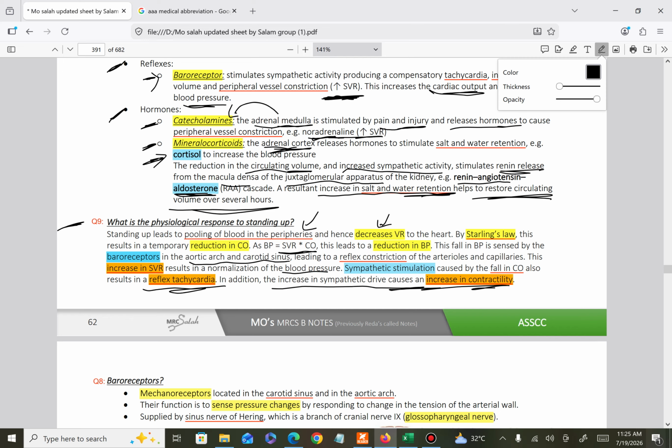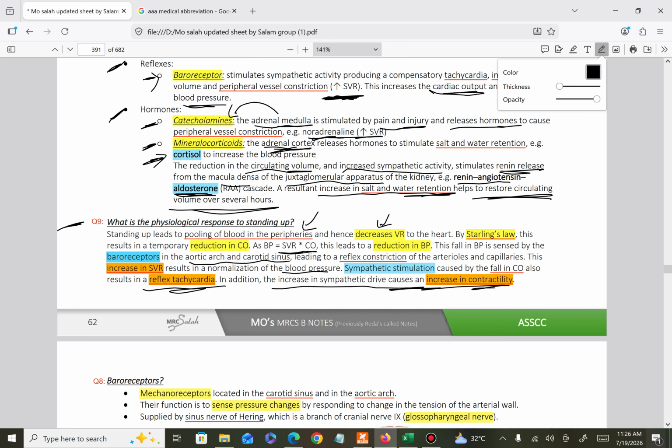Okay, so the summary of this question is that when we stand up, it leads to pooling of blood in the peripheries, which decreases the venous return, and by compensatory mechanism the baroreceptors are stimulated and it causes the constriction of the arterioles and capillaries, which increases the systemic vascular resistance, which normalizes the blood pressure.